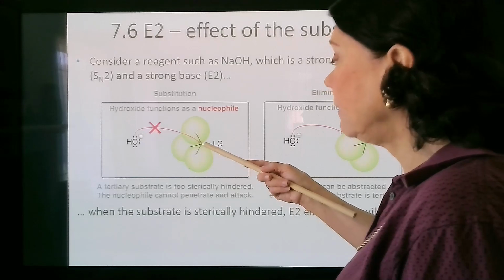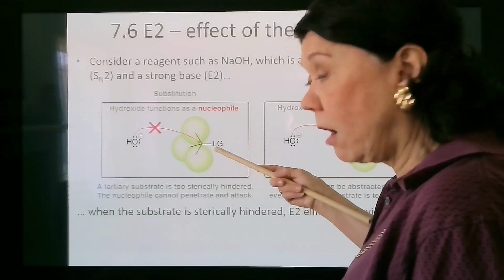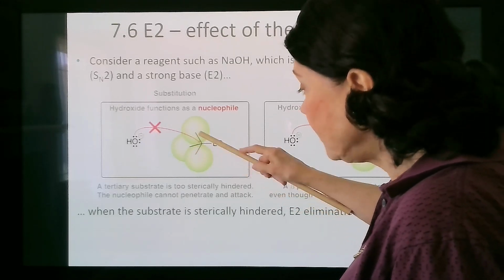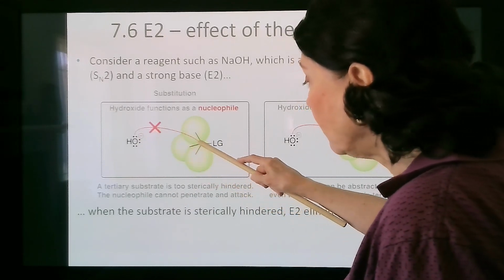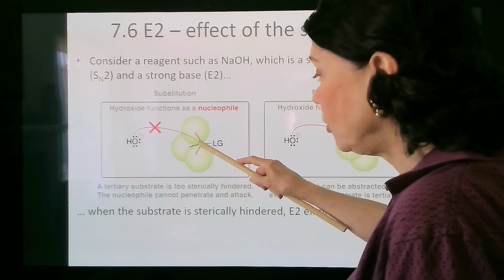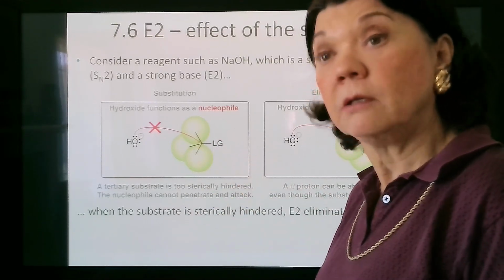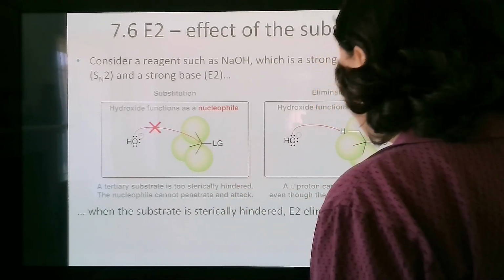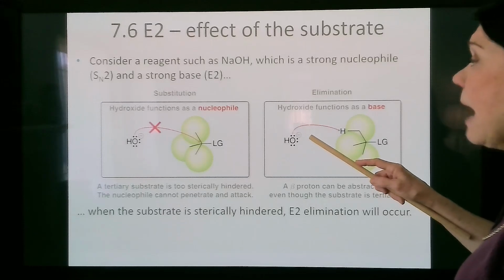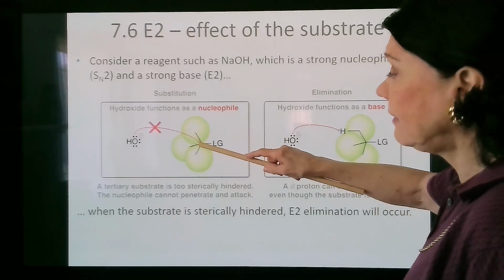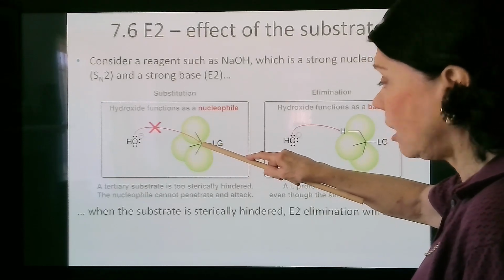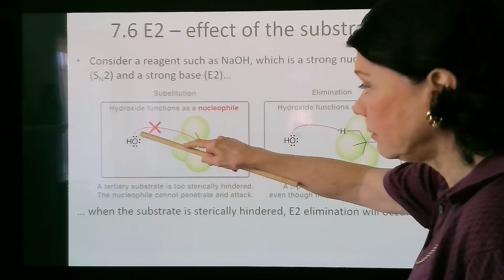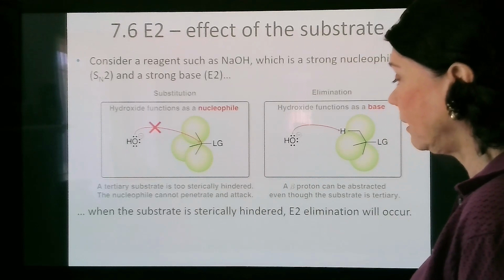So this would be like t-butyl bromide, where you have the t-butyl group. Here, O- will not be able to get in to do the backside attack. But if this were methyl, it would be able to. So you can't get this substitution because the oxygen can't squeeze in to occupy the anti-bonding orbital, the pair of electrons occupying the anti-bonding orbital.